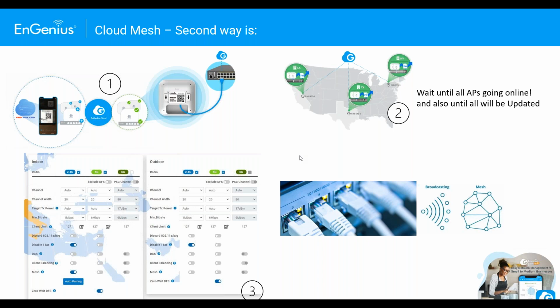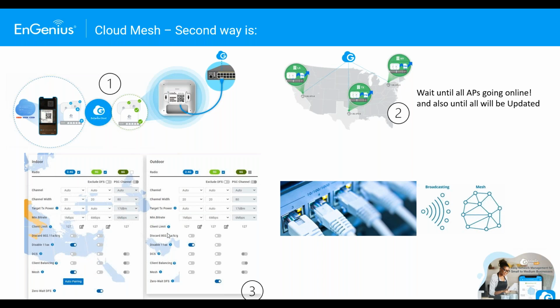No rush, wait until all access points receive the command that you pressed. Mesh on 2.4 gigahertz is only for indoor parts, of course, because on 2.4 gigahertz there's no difference between outdoor and indoor.